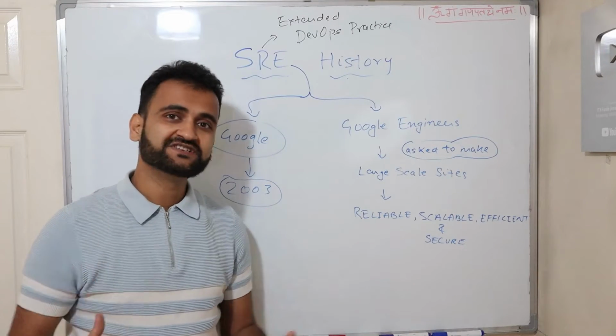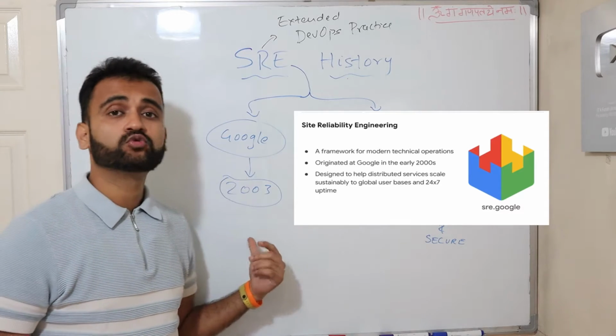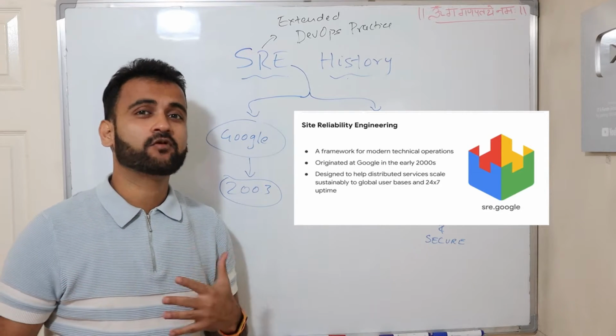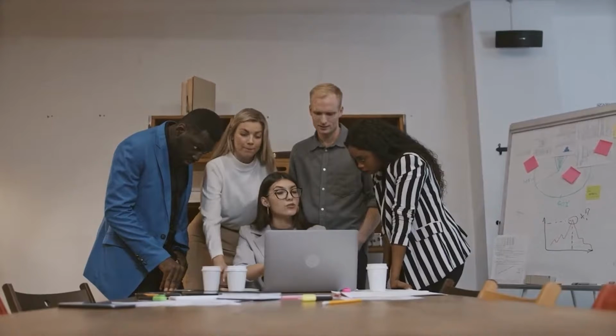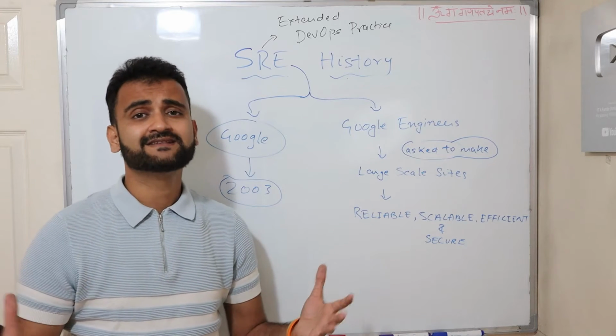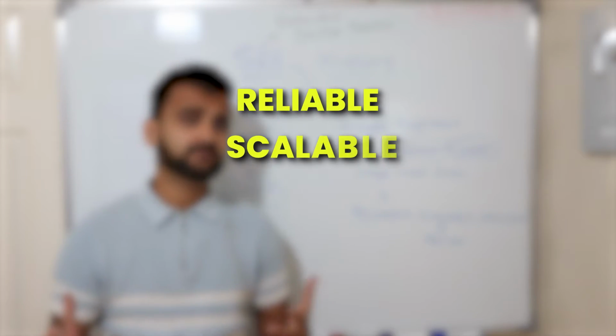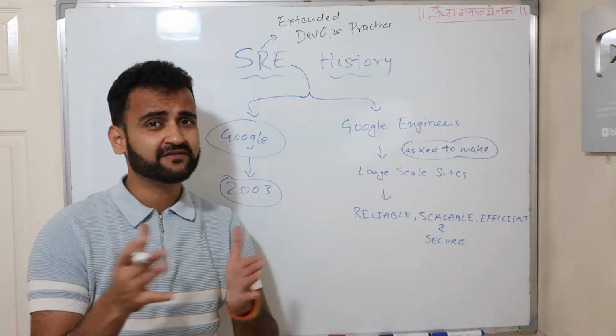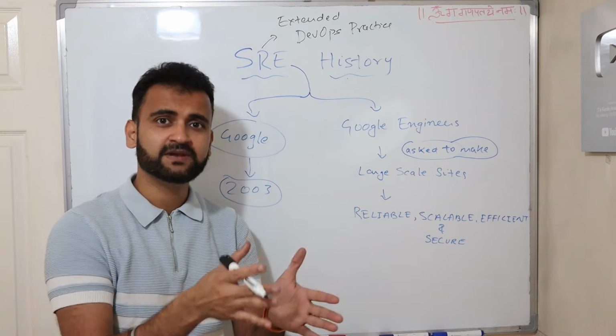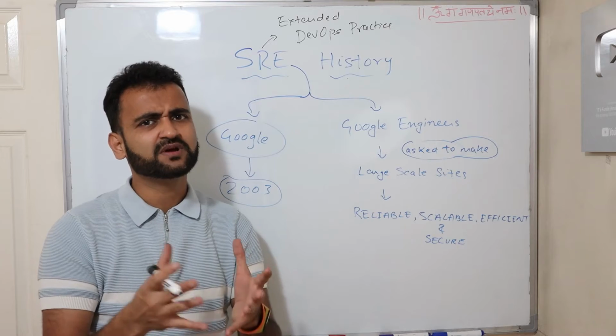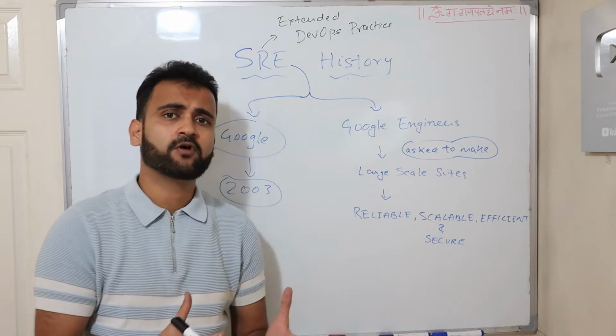So SRE was originally coined at Google in the year 2003 as an extended DevOps practice. Google asked its engineers to make large-scale sites more reliable, scalable, secure and efficient. And that's when they realized that they needed a specific discipline to cater to these needs, which were not possibly catered to by DevOps alone.